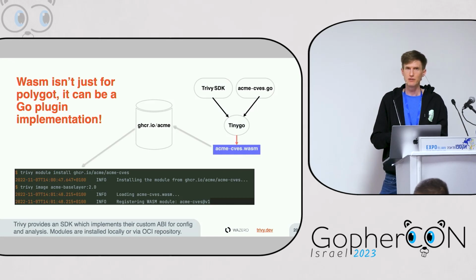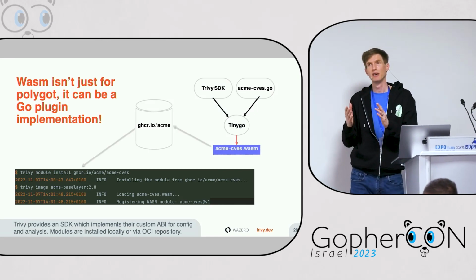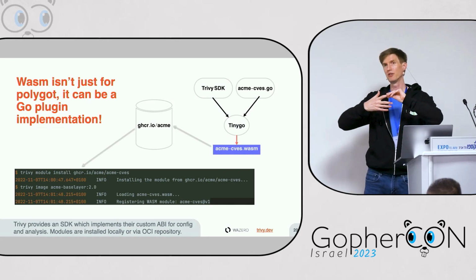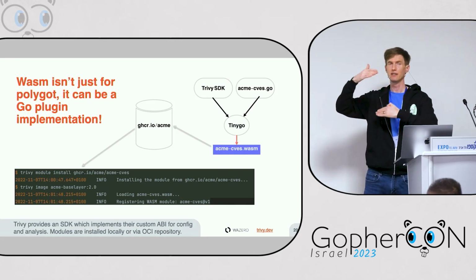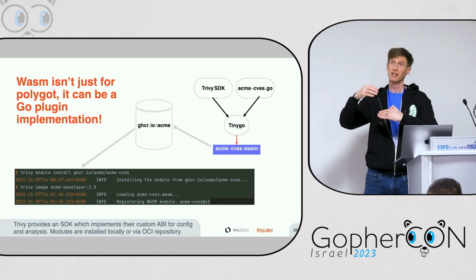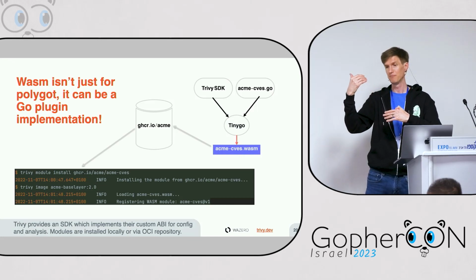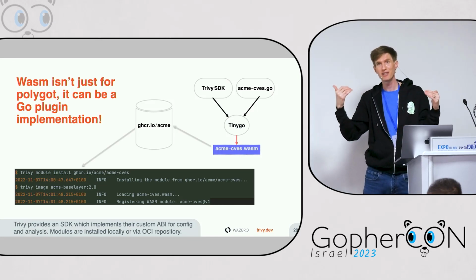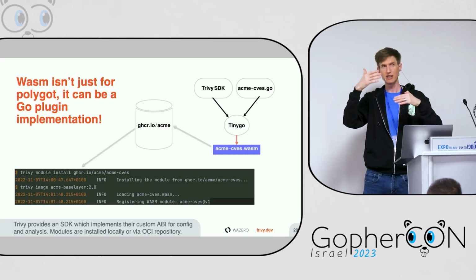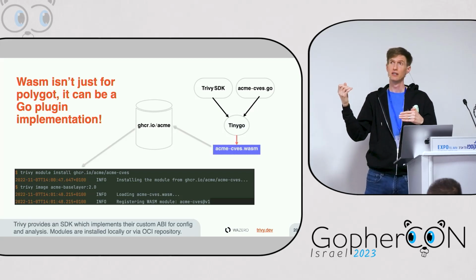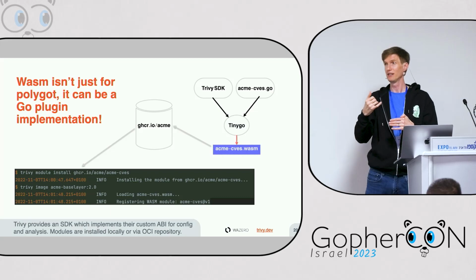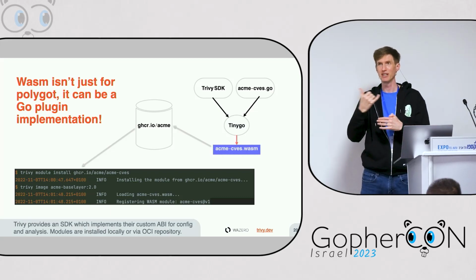They want to be able to reduce the friction, because if you're thinking about vulnerability scanning, there's a lot of things that should be configured. Like, is this CVE actually valid for my site or not? You don't want all of these things. You maybe have your own special vulnerability that is not public yet, and you want to run it.